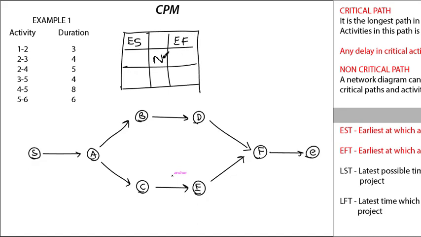This will be the name of the activity. Here you will write the latest start time and latest finish time. So this will be the formation used in activity on node, and for activity on arrow we used something like this, right?